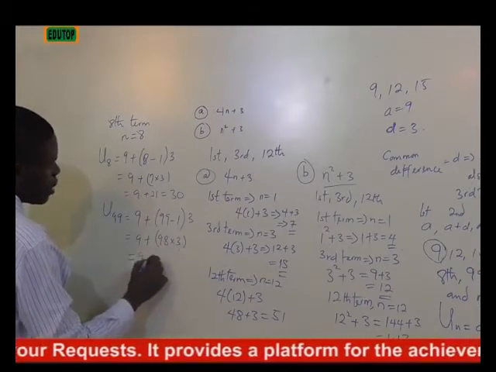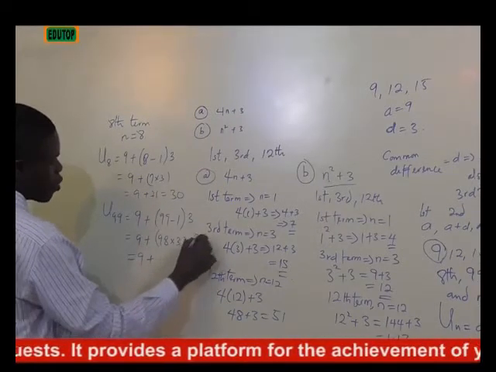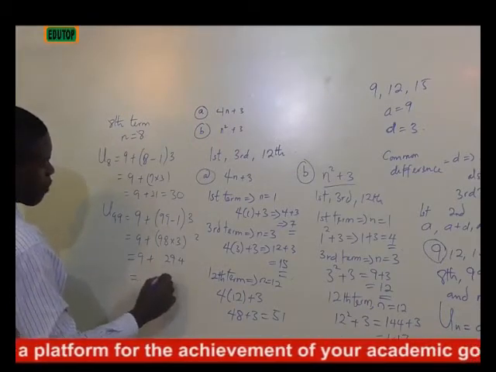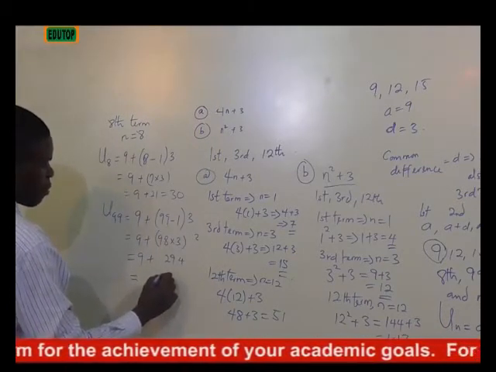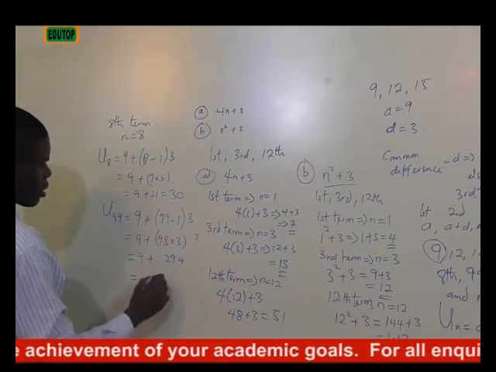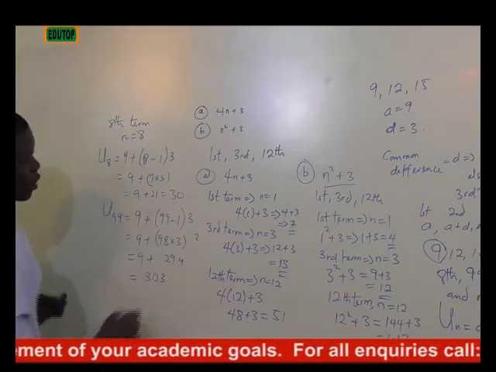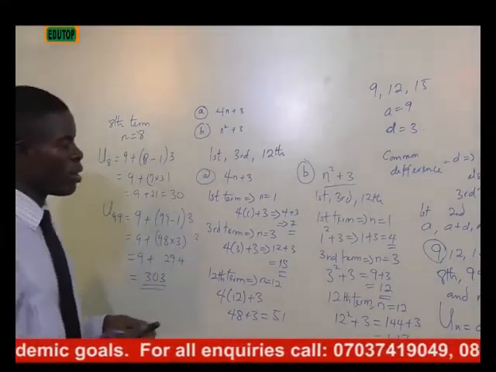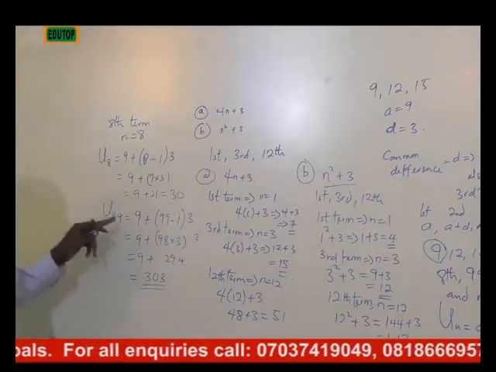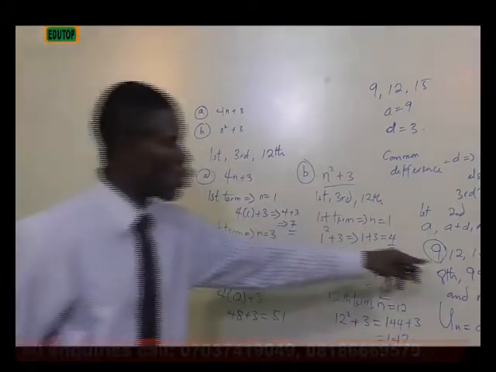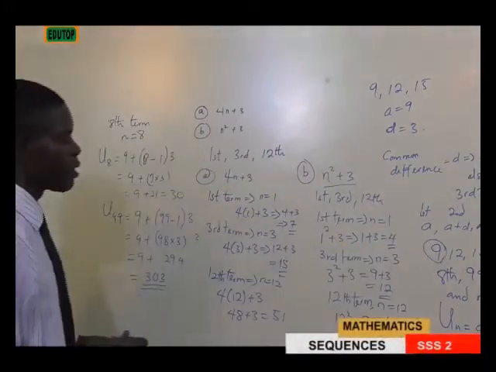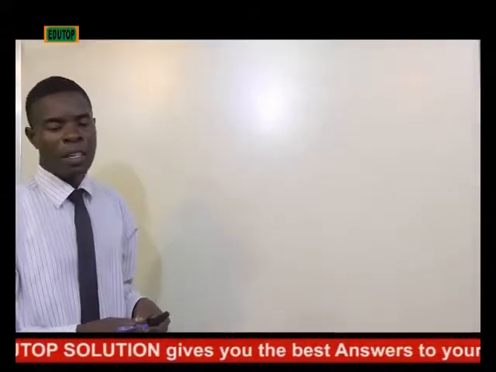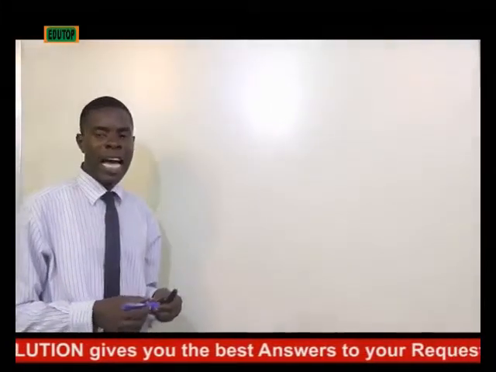When this is evaluated, we have 294. So this plus this, we have 303. That is the answer for the 99th term of this AP.